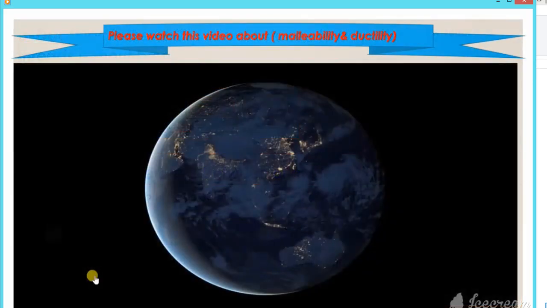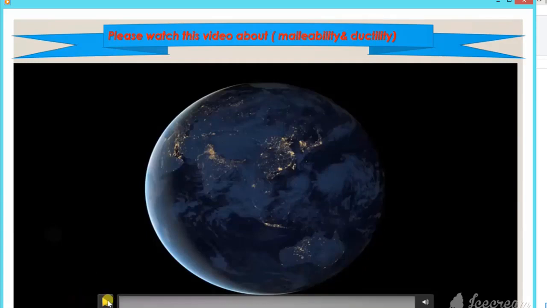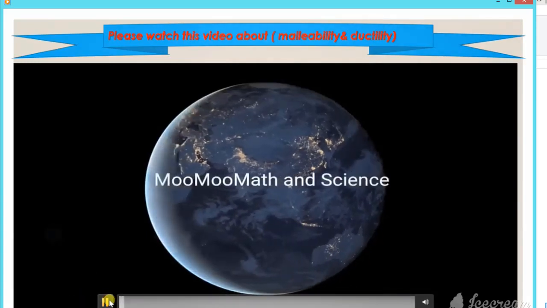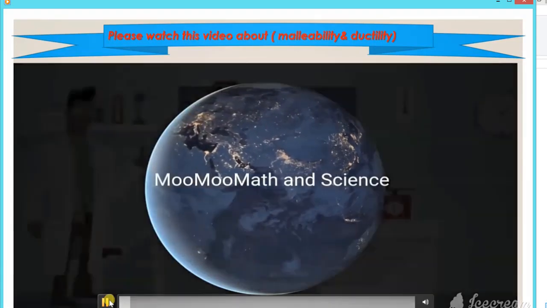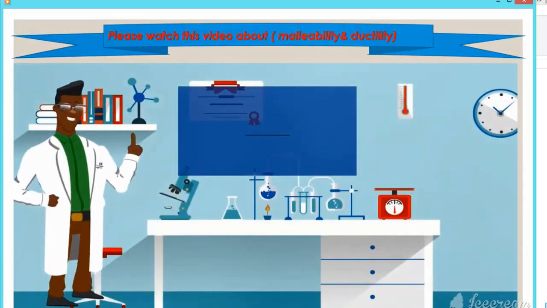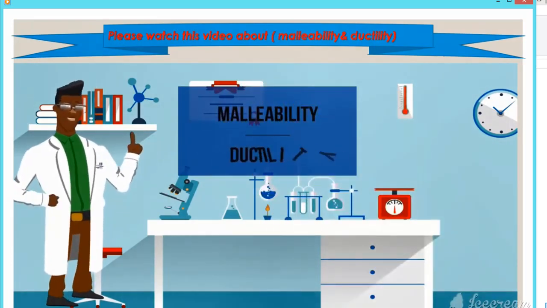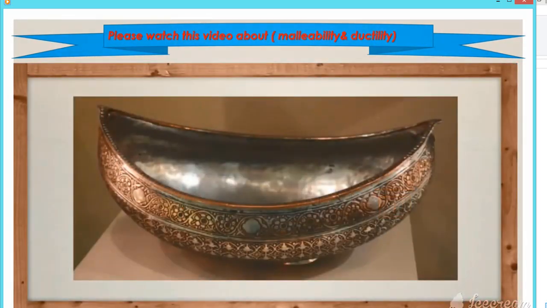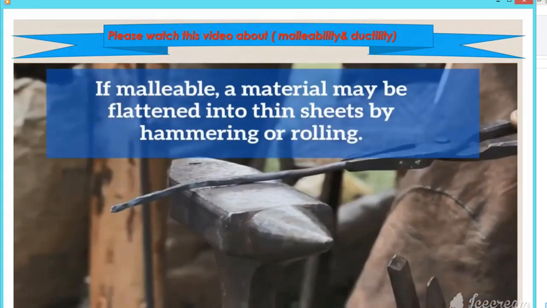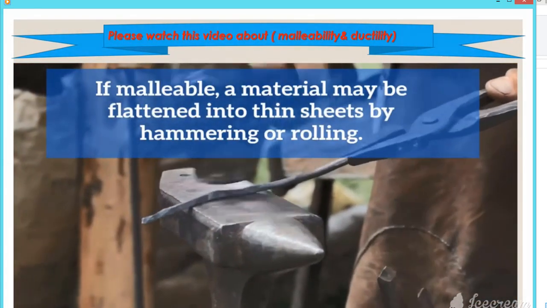Please watch this video about malleability and ductility. Welcome to Moo Math and Science. In this video, I'd like to talk about two physical properties, malleability and ductility. Malleability is the ability of a solid to bend or be hammered into other shapes without breaking. If malleable, a material can be flattened into thin sheets by hammering or rolling.